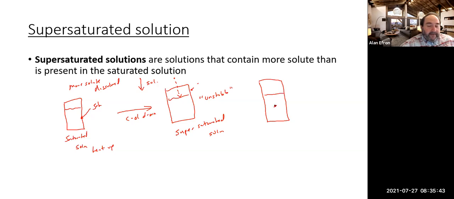What ends up happening is you start to see all the solid come out of solution. It will go from a solution to basically a rock hard solid, and you can actually see all the solid coming out of solution. So sometimes when we create a supersaturated solution, it's an unstable solution in that sense, and the solid wants to come out of solution.